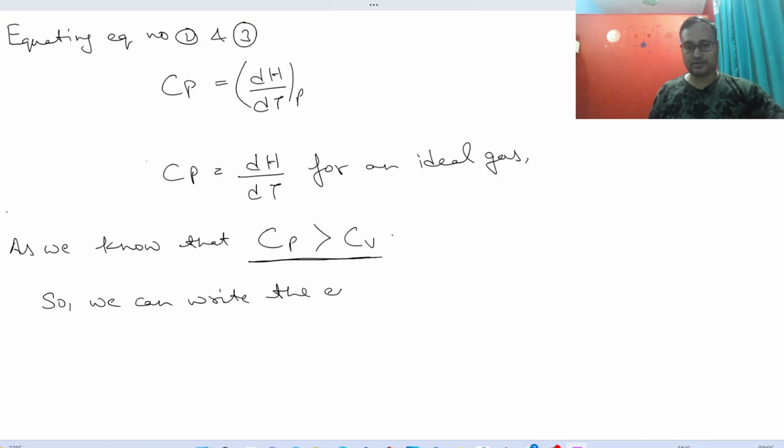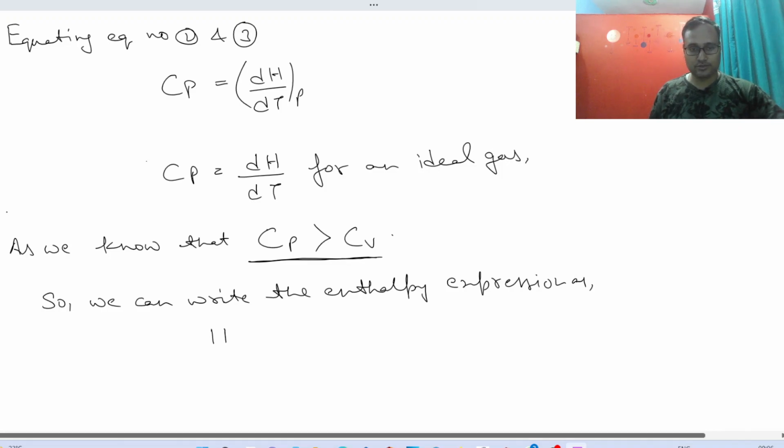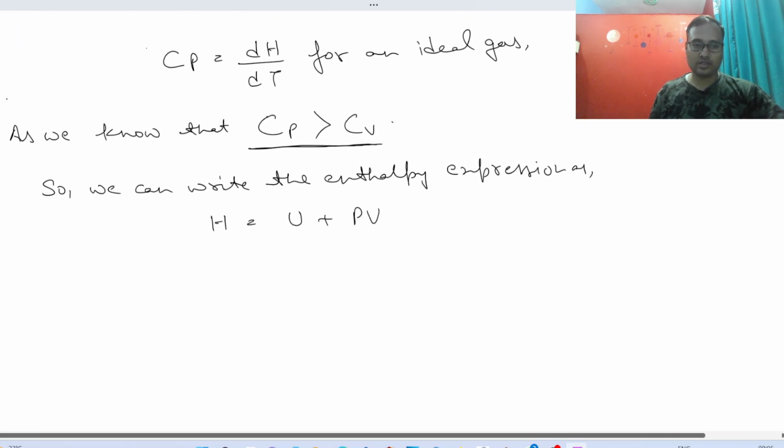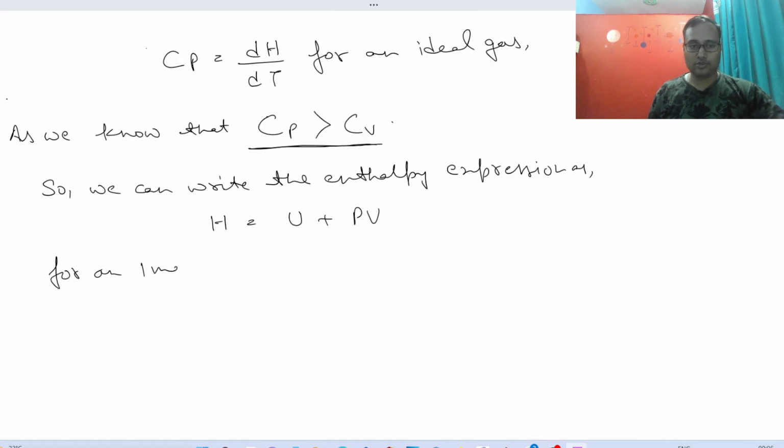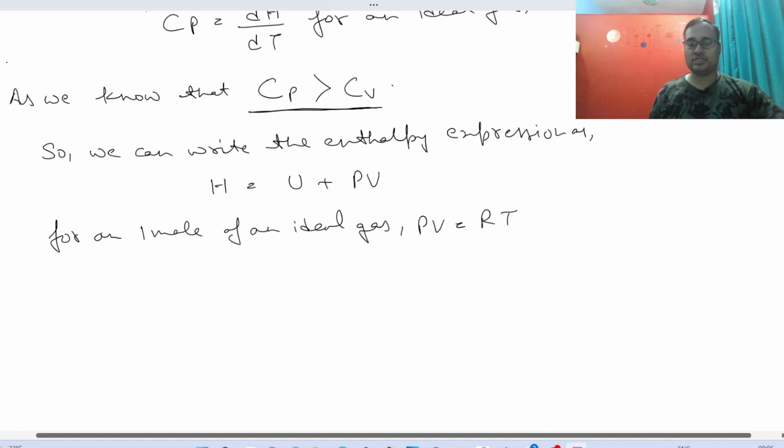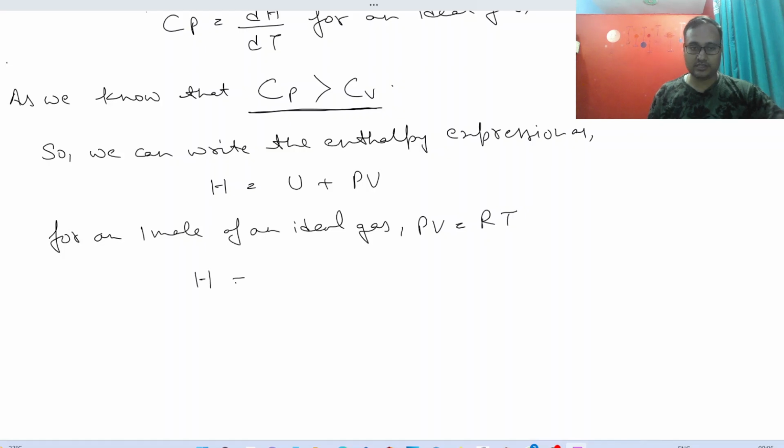So we can write the enthalpy expression as H is equal to U plus PV, and for 1 mole of an ideal gas, PV is equal to RT as the number of moles is equal to 1. So we can substitute PV in the above equation with RT. So we can write H is equal to U plus RT.